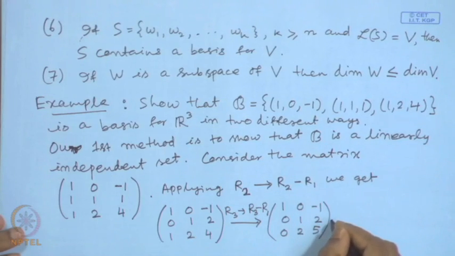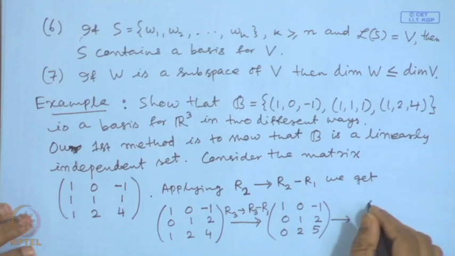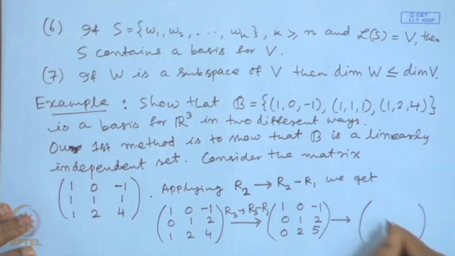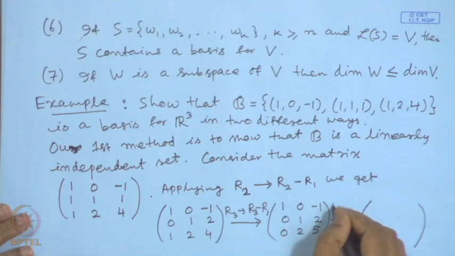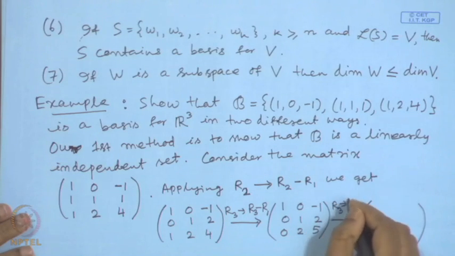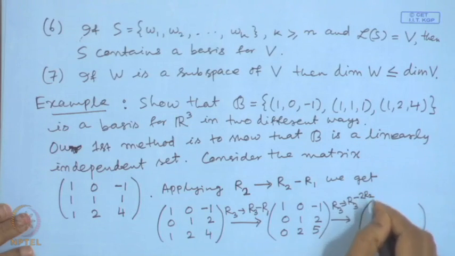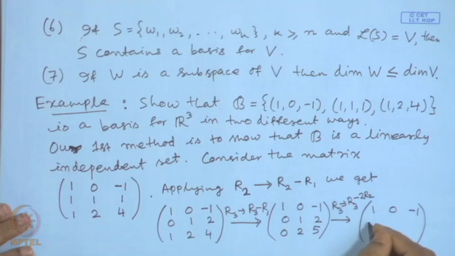Once more we apply an elementary row operation, because we have to make this entry 0 to get the echelon form. Therefore, we replace R3 by R3 minus twice R2 and get this matrix: 1, 0, minus 1, 0, 1, 2, 0, 0, 1.